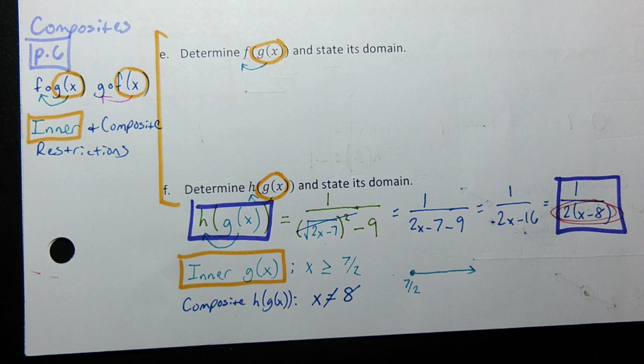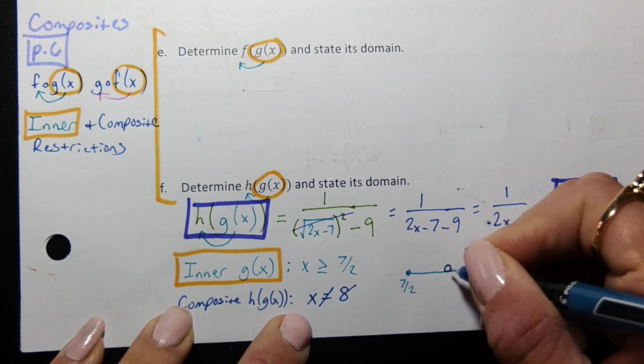What about the 2 then? 2 doesn't have a variable with it, so it's just 2. Now, what about my outer function with its restrictions of -3 and 3? It does not matter. The outer function does not matter here. It is just the inner restriction and the composite restriction.